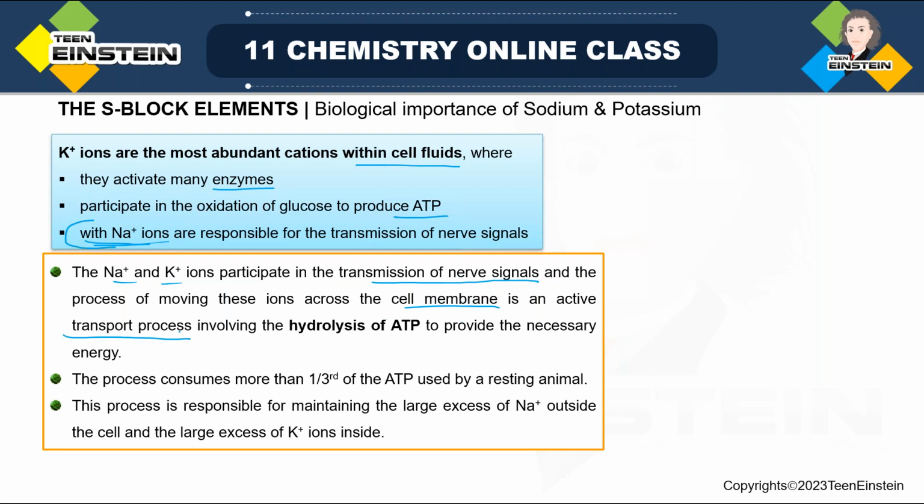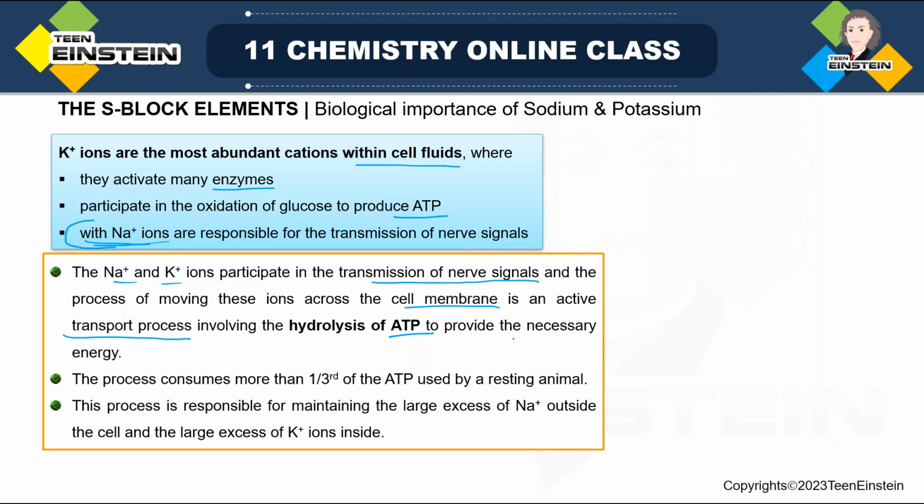That means it needs some energy. So where will this energy come from? It comes from hydrolysis of ATP, adenosine triphosphate. When there is ATP and there is hydrolysis, there is some bond breaking going on, and after this bond cleavage an amount of energy is released. This energy will help in this active transport process.